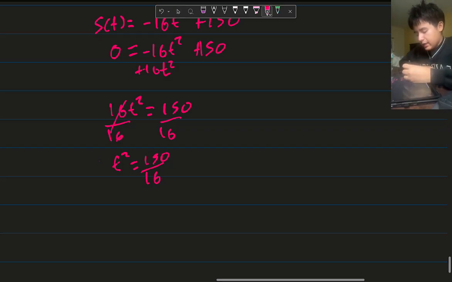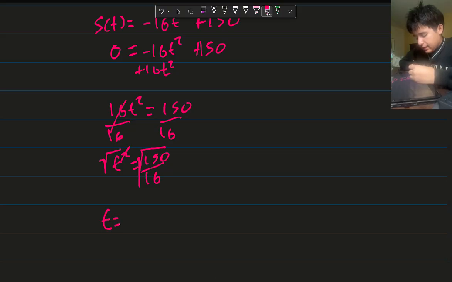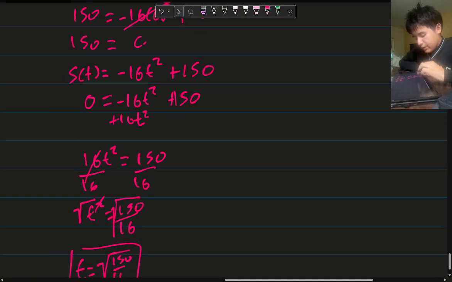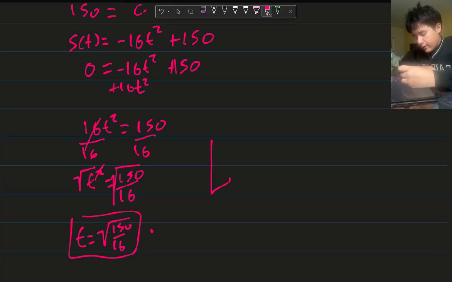Then we take the square root to cancel the power, giving us that t is equal to the square root of 150 over 16. This means it would take this much time for the ball dropped from 150 feet to hit the ground.